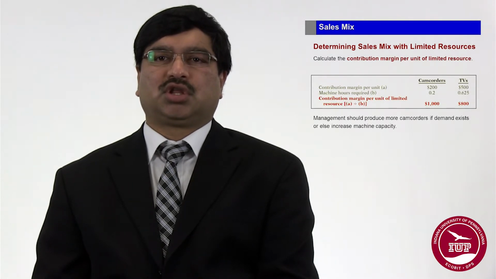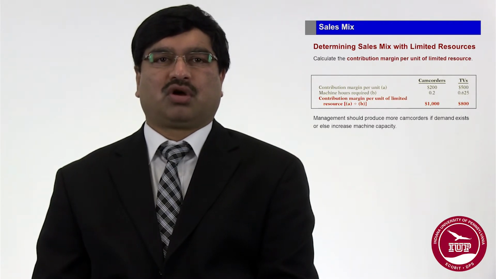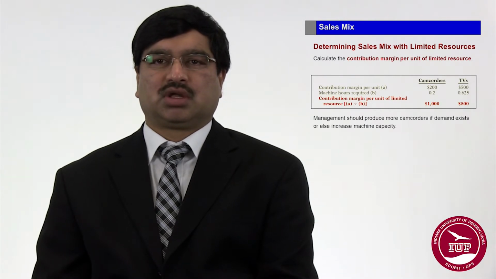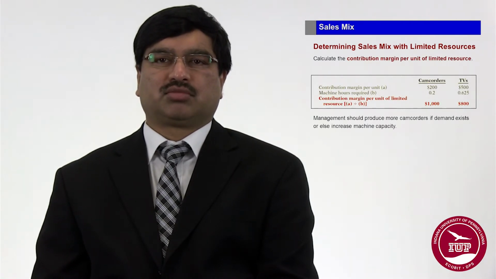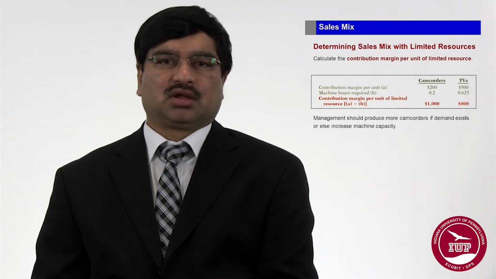However, although TV has a higher contribution margin, since it uses more of the bottleneck resource, in this case the machine hours, the total contribution margin per hour is $800 only, which is less than every hour if you produce the camcorder.